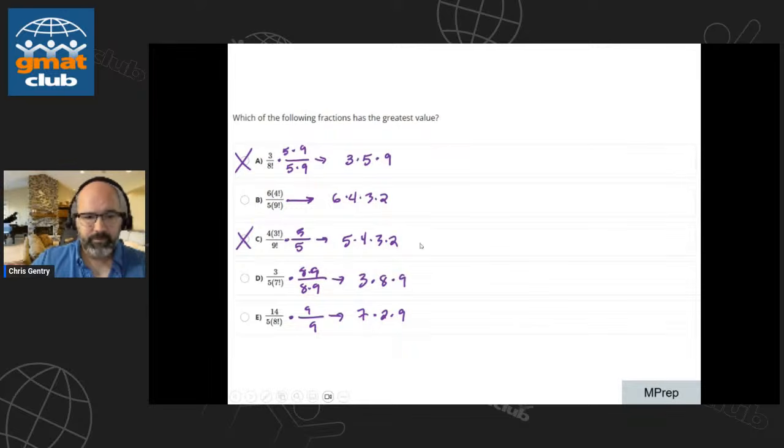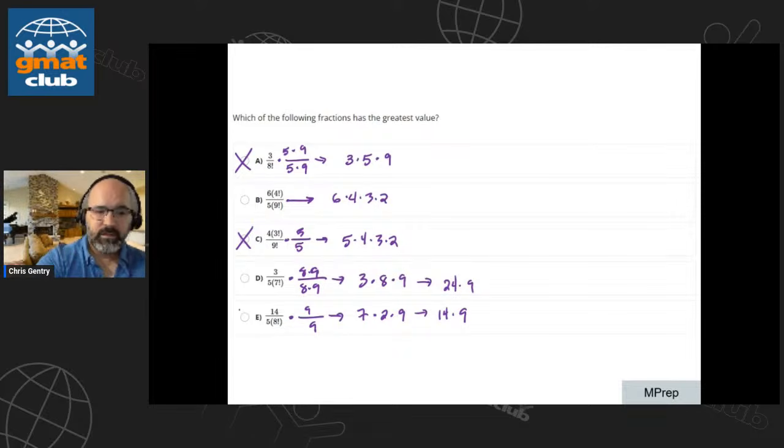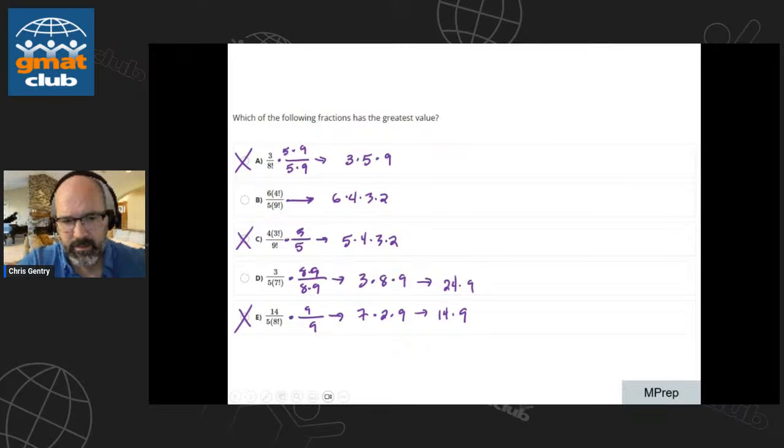And so now I could look at D versus E and say, if I need to build a comparison here, this is a 24 times a 9. This is a 14 times a 9. Again, just trying to coordinate the pieces here. E is smaller. And then B versus D. I see that my 3's are the same.